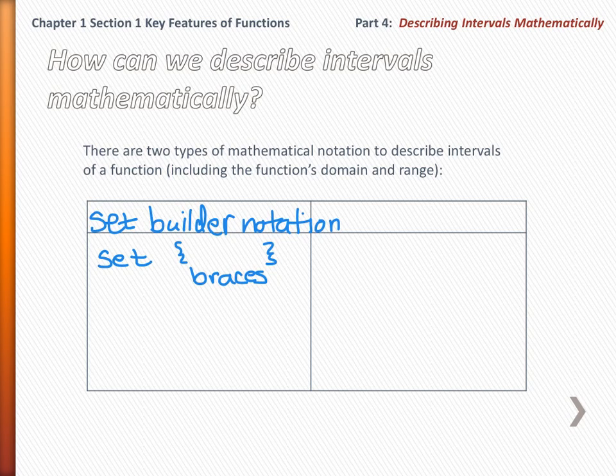The next thing we're going to write down inside the braces is what variable we're talking about, either x or y. Almost always it will be x, but when we're talking about the range, it's going to be y. And then finally, we would follow by an inequality statement.